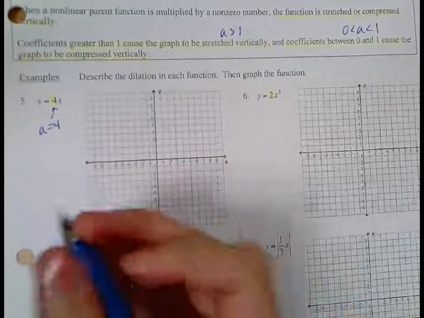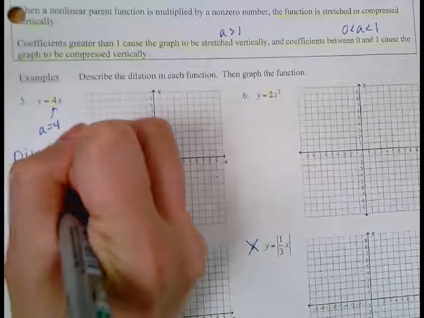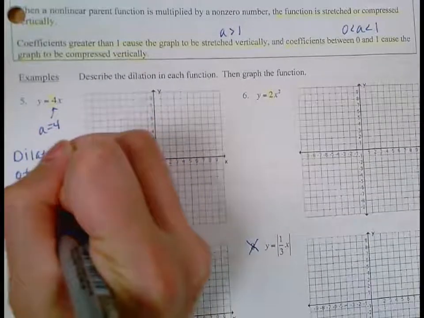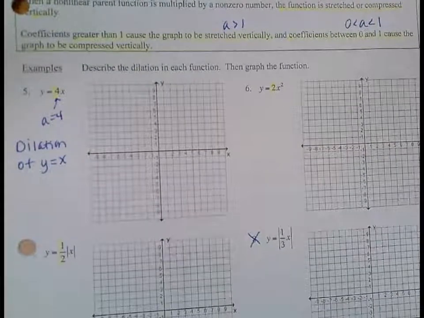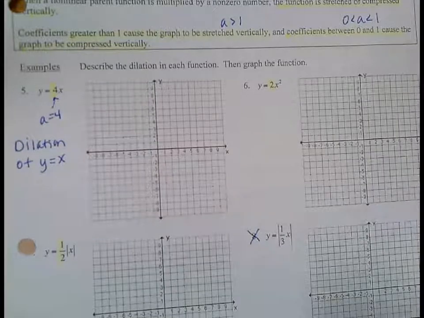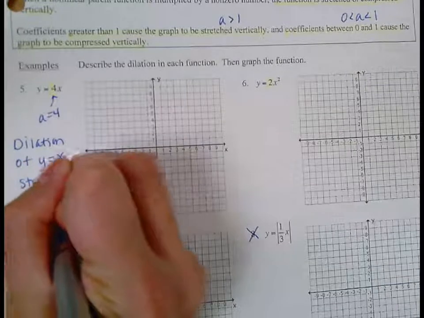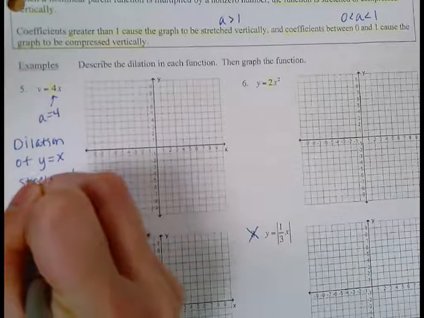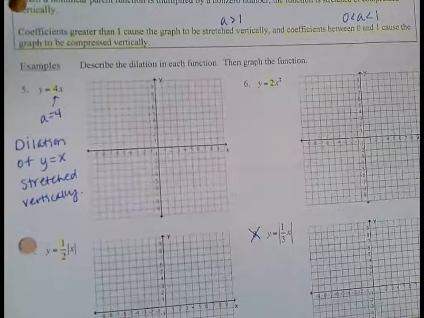So I can describe the transformation by saying this is a dilation of the parent graph y equals x. And then I want to describe what the dilation is, and that's either a vertical stretch or compression. So I can say dilation of y equals x stretched vertically. Again, it's stretched because the A value is bigger than 1.